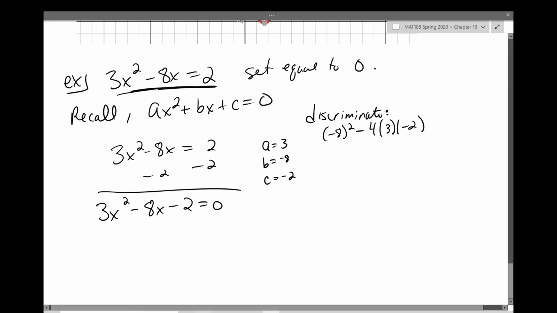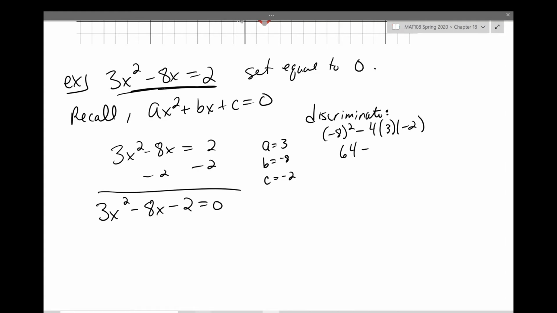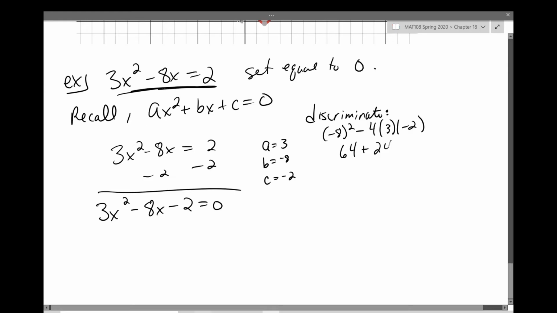Negative 8 squared is 64, minus 4 times 3 is 12, times negative 2 is going to be positive 24. And 64 plus 24 is going to be 88.